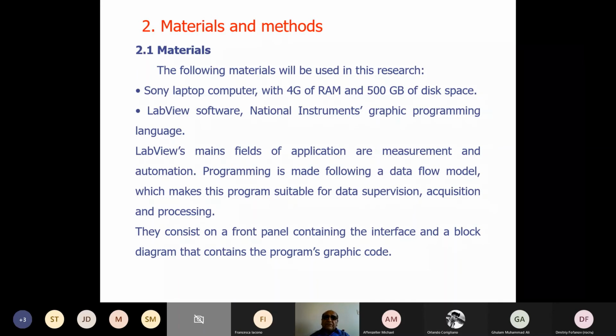Programming is done using a data flow model, which makes these programs suitable for supervision, acquisition, and processing. They consist of a front panel, which contains the interface, and a block diagram, which contains the program's graphical code.